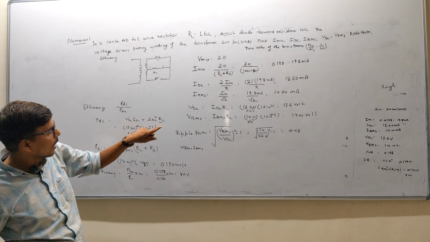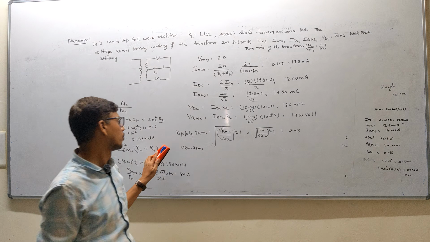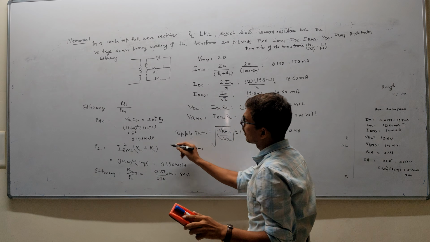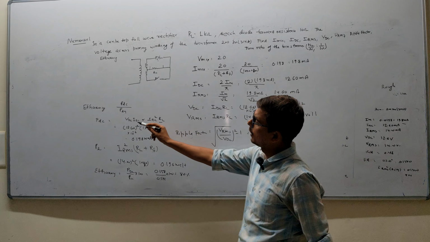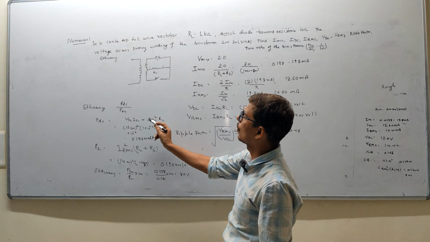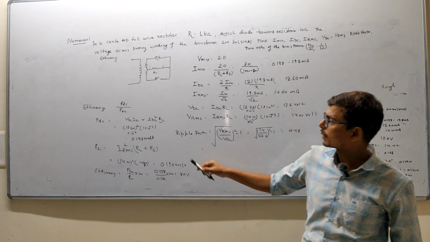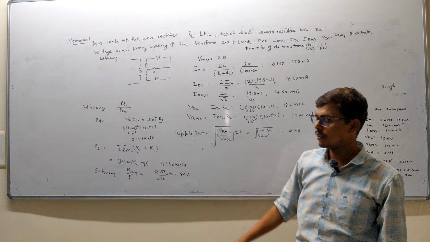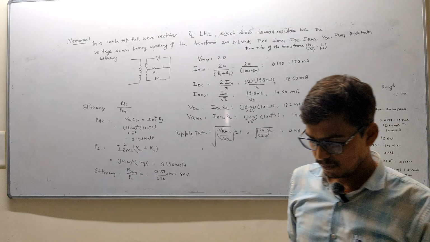Better to use this one. You can use this one also, but there will be a slight difference in the answer. Either use voltage into resistor current, or this. You can use any one, but I have used IDC square into RF. So this way we solve this question.